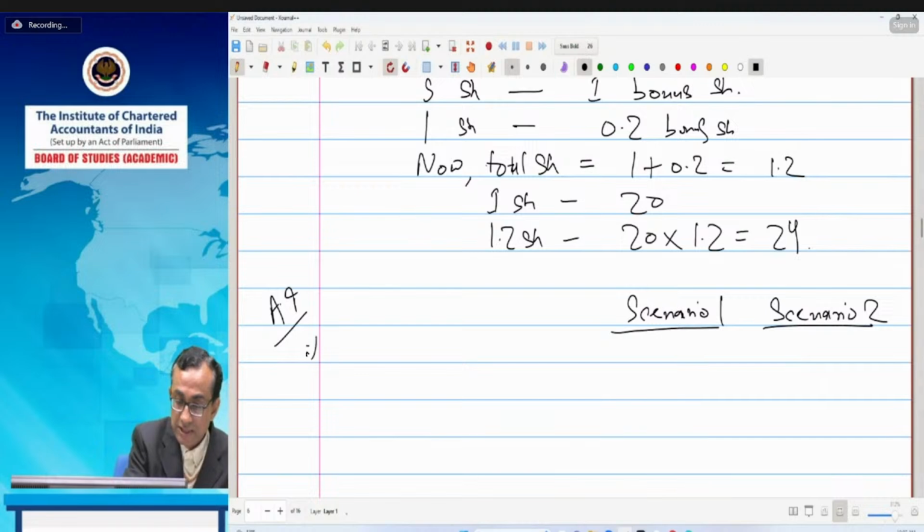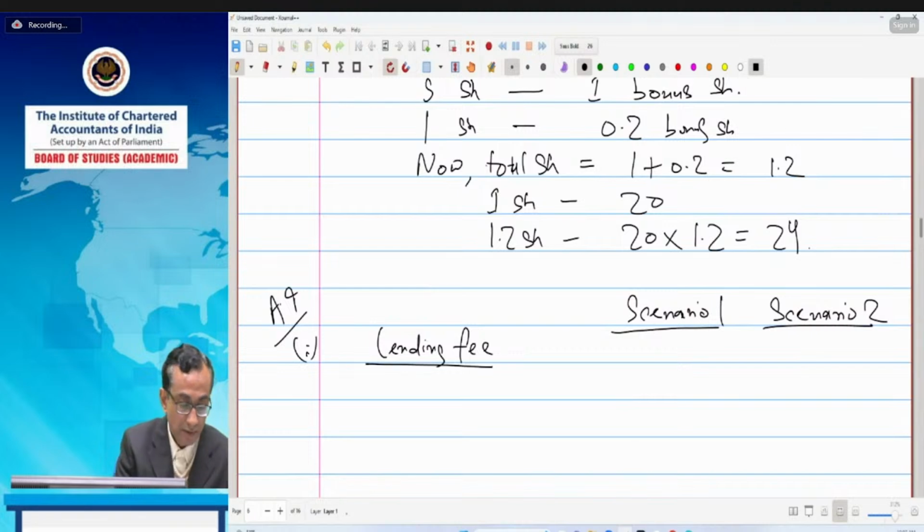First is the lending fee. It will be calculated on 31/1/20. After 1 month, the lending fee will be paid. Scenario 1, it will be 1020 into 1%. And for scenario 2, it will be 980 into 1%.